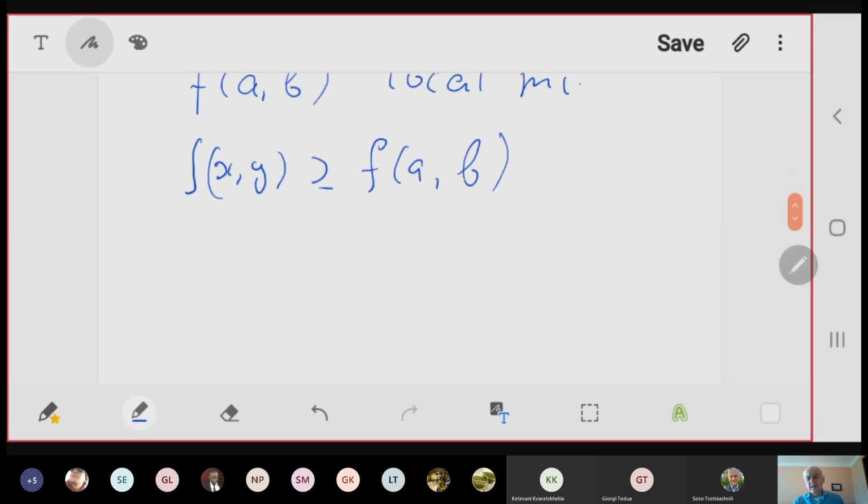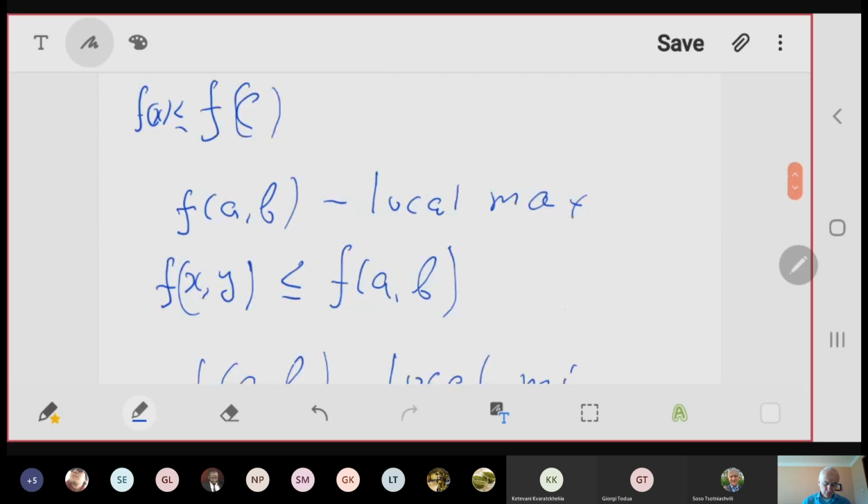Okay. Now the most important question: how to find local extremum, local maximum and minimum. And it's very important because we know it's related to many real world problems.